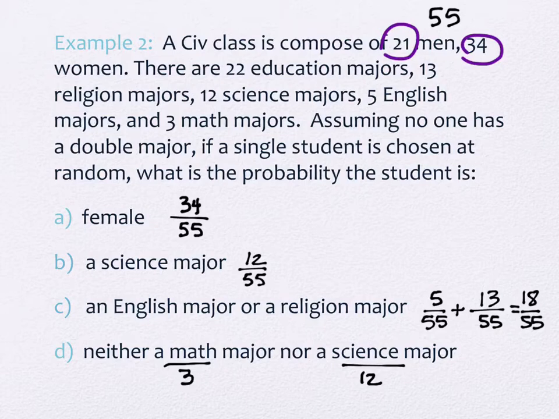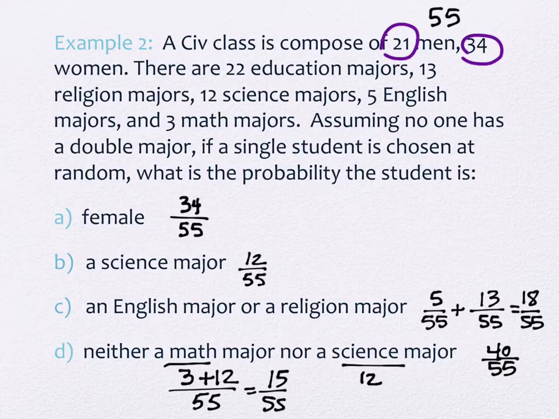How many aren't? 40, because there was 55. So the answer would be 40 over 55. And we're doing that from the perspective of saying that I have, actually, let me rewrite it here. 3 plus my 12 over my 55, which gave me 15 out of 55. And then what I'm really doing is I'm taking 1 minus 15 over 55, or 55 minus 15.